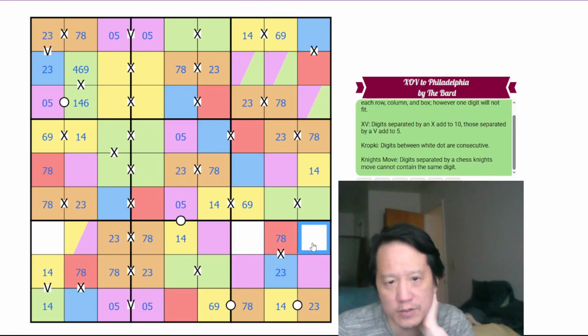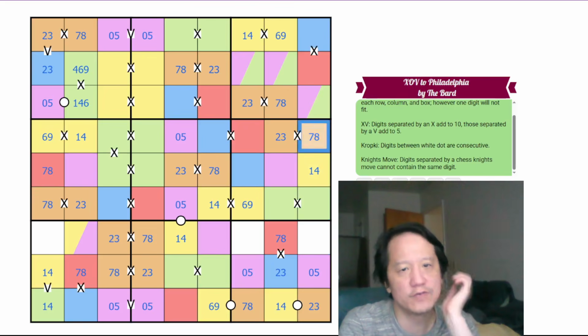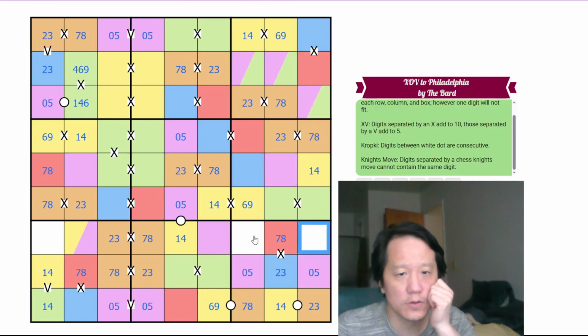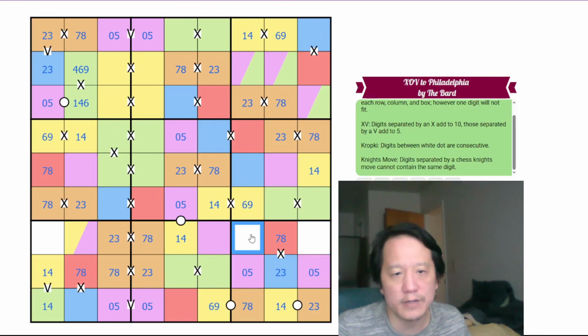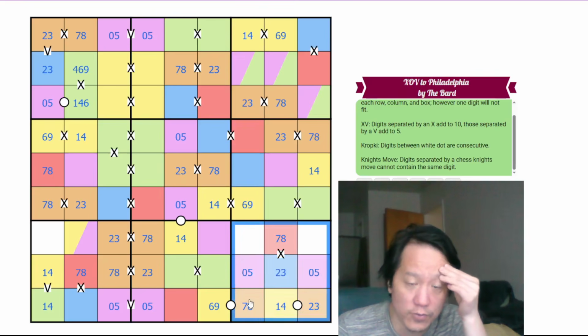Okay, so what are these? So this is 0, 5, 0, 5. These cannot be pink. We do not have a green here. Well, this could be both greens here, technically.